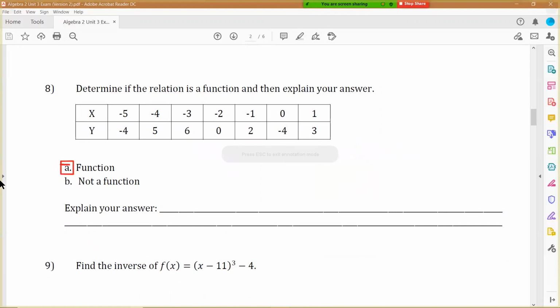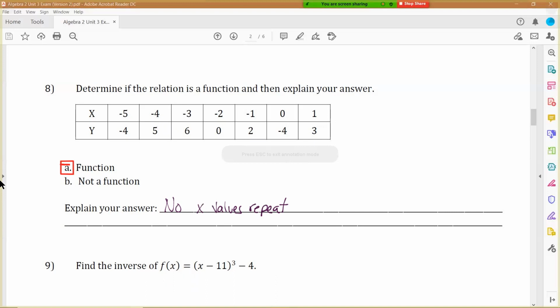You could just tell me no x values repeat, or nothing in the domain repeats. I wrote on my answer key that each input has a single output. On your test, all you're going to look at first is your x's. If none of your x's repeat, it's automatically a function.